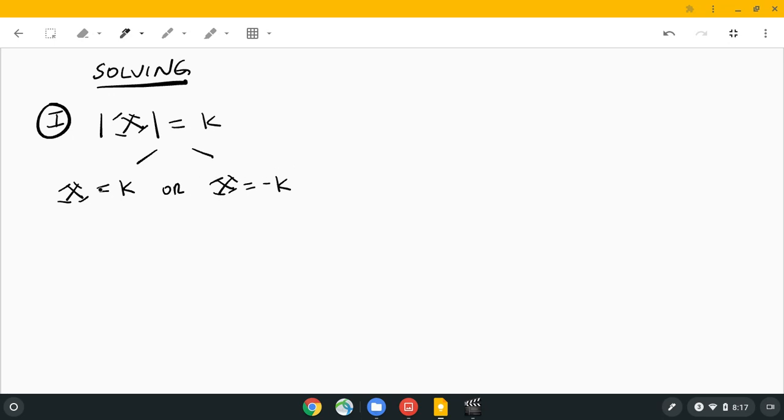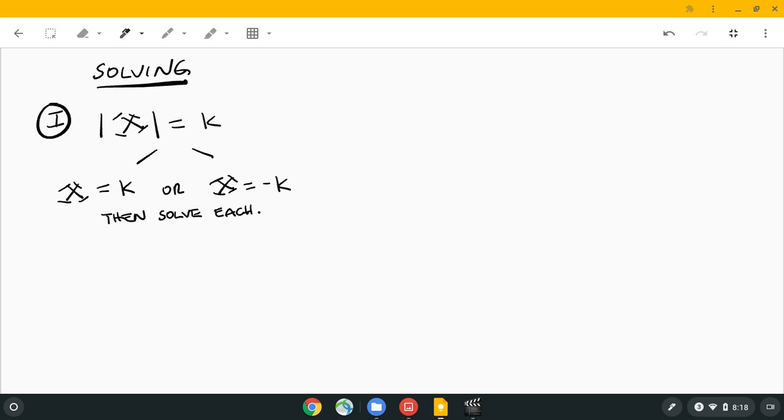Okay, so you would set it up like this. When you set it up, you lose your absolute value symbols, and you just have whatever is inside there, represented by this funny looking x, equals k, or this funny looking x equals negative k. Okay, and then you would just solve each equation. Then solve each.